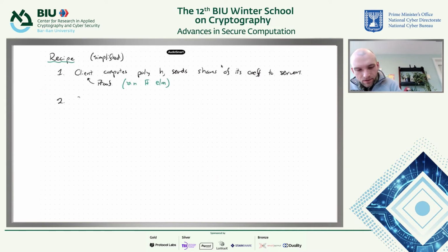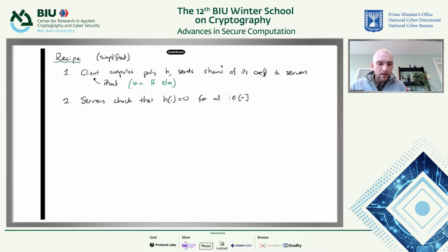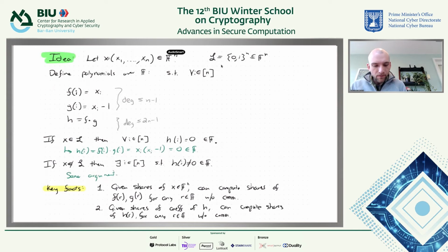Next, the servers check that h(i) equals 0 for all i in 1 to n. So how do they do this efficiently? Well, the second fact was that if you're given shares of the coefficients of this polynomial h, you can compute shares of h evaluated at whatever point you want.